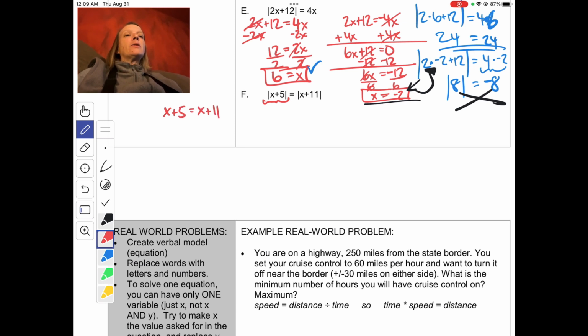And the other related equation is x plus 5 equals negative 1 times x plus 11. It's like we take the whole right-hand side of the expression and multiply by negative 1.